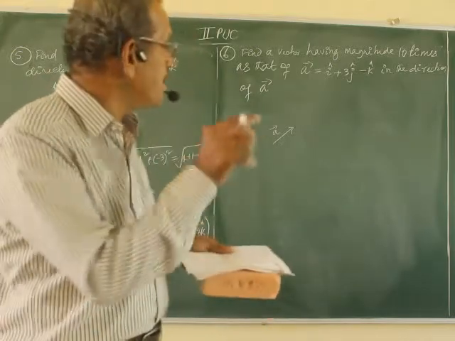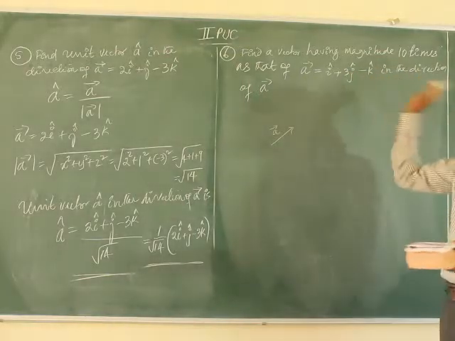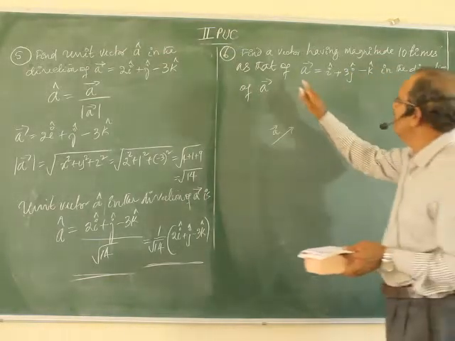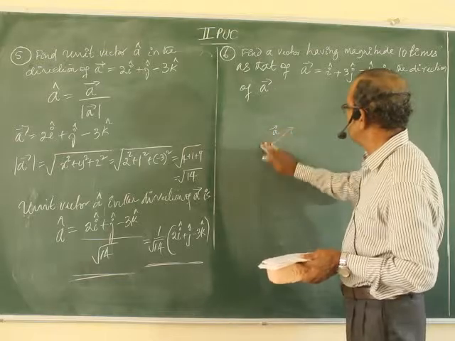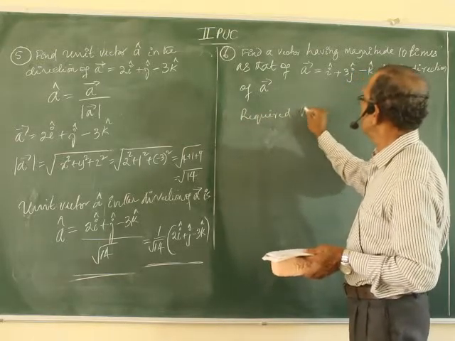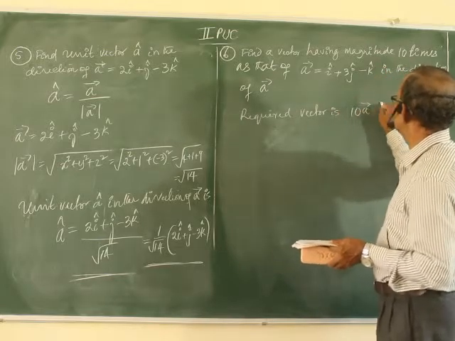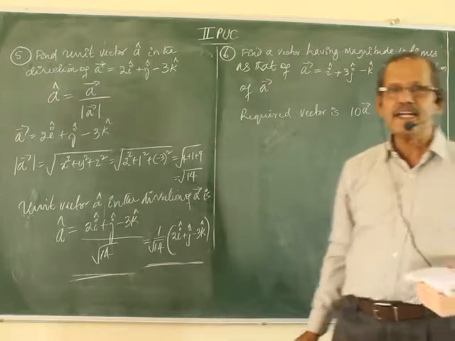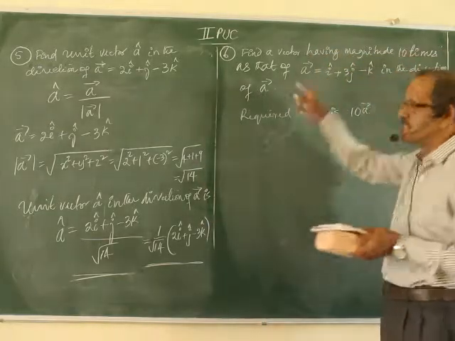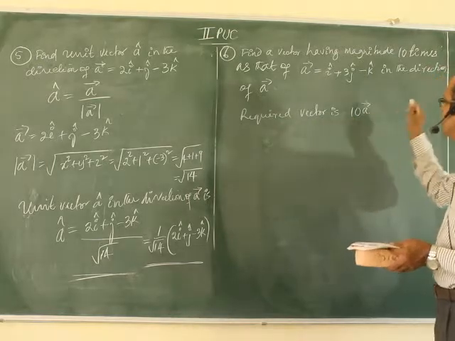Whatever magnitude A has, its 10 times will be the magnitude of 10A. Therefore, required vector is, let me write here, required vector is just 10A. Instead of asking you to find a 10A, they have given the statement like this. Meaning is one and the same. So, required vector is 10A.